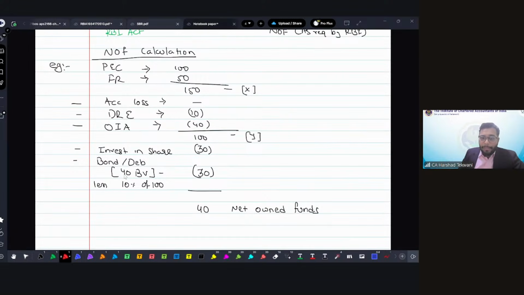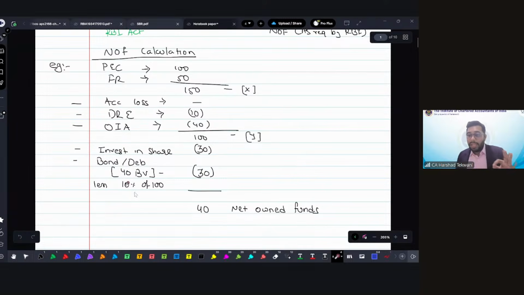Let's say the bond book value is 40. Debentures book value is 40, which is invested in same group companies or subsidiaries. So out of this 40, I will reduce the 10% of this, 10% of this 100. That will be 10. So once I reduce 10 from this, I will be left with 30, which is the amount that I need to reduce to get the net owned funds.